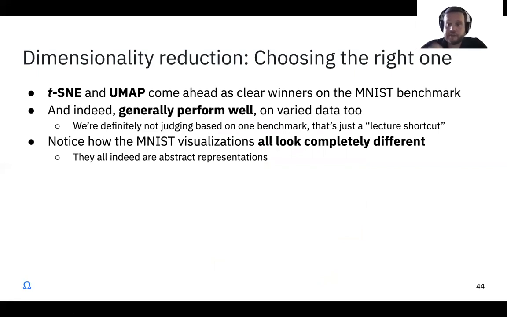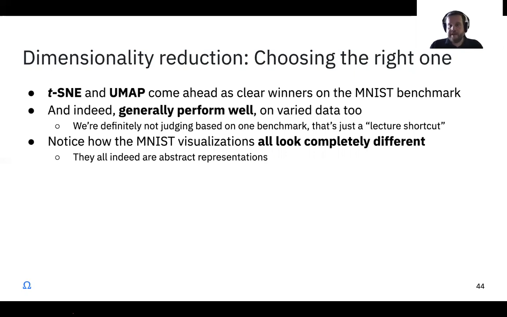This is just a lecture shortcut. I have shown this on a data set which has a clear expectation. But generally, if you read the papers, you will see better performance by t-SNE and UMAP by far in modern works. This is just an illustration.